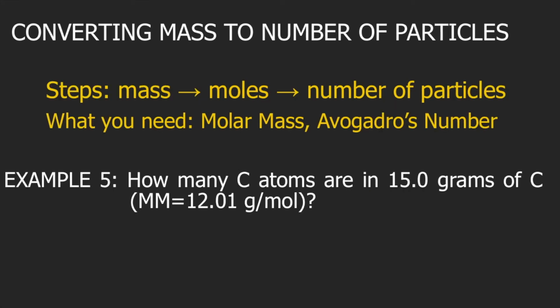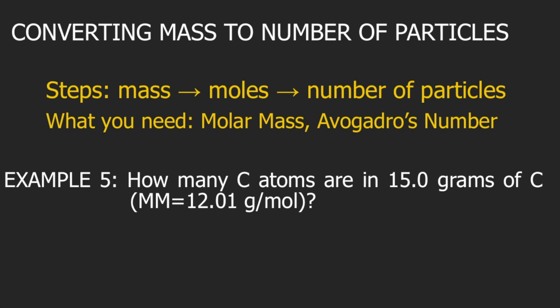This time, let's convert mass to number of particles. So there is actually no direct conversion from mass to number of particles. You need to do it stepwise. So what you do is convert mass to moles and then moles to number of particles. So we need the molar mass and Avogadro's number.